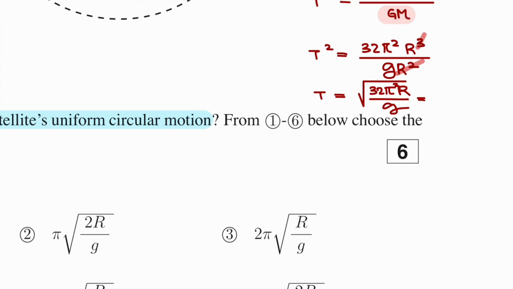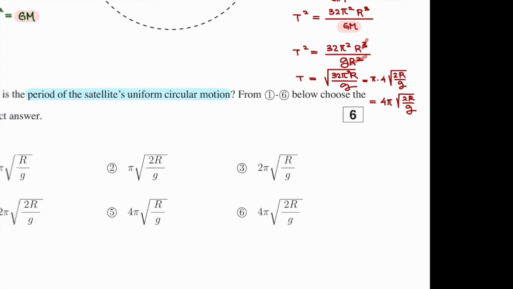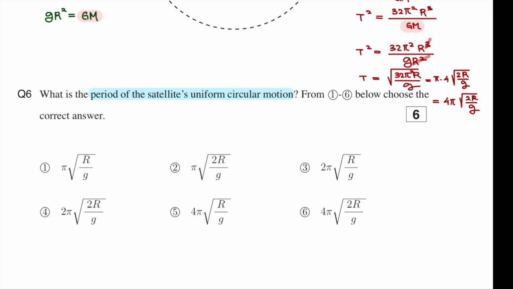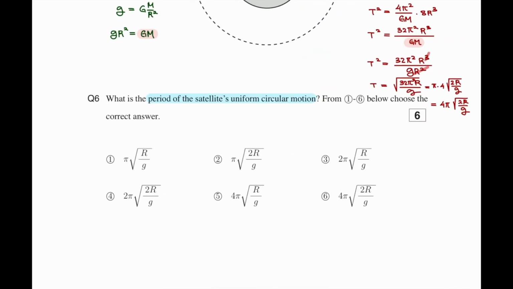If you simplify it, you will get pi times 4 square root of 2r over g. So my final answer is 4 pi square root of 2r over g. Then our final answer is number 6.